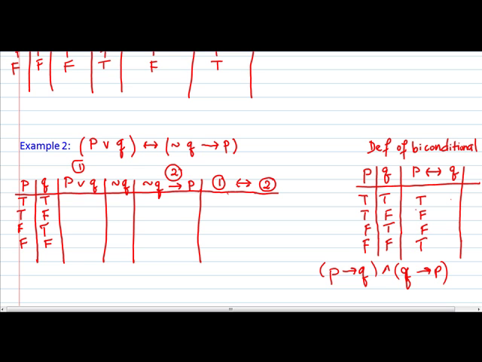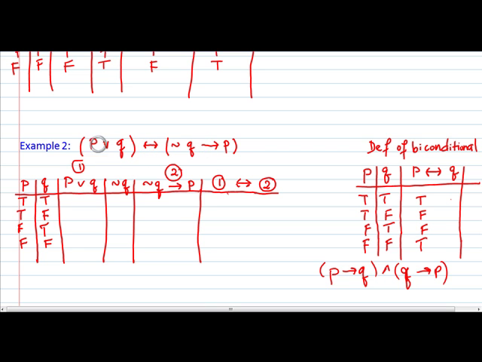So for the example, we will try to construct the statement. First, we construct one column for each letter. So I did that right here. And if you have any negation, it's easy to construct one column for that. And now this is my antecedent, this is my consequent, and right here is my if and only if.